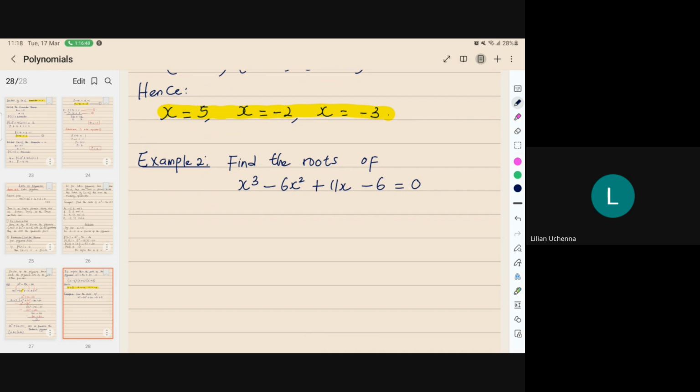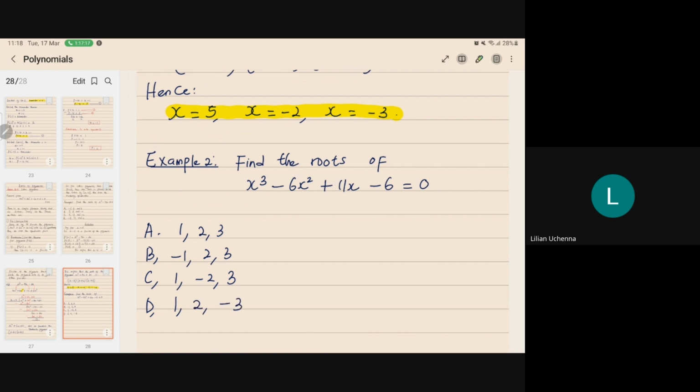So let's look at the options. Option A, we have 1, 2, and 3. Option B, we have negative 1, 2, and 3. Option C, we have 1, negative 2, and 3. We have D, we have 1, 2, and negative 3. So let's see how we can approach that.